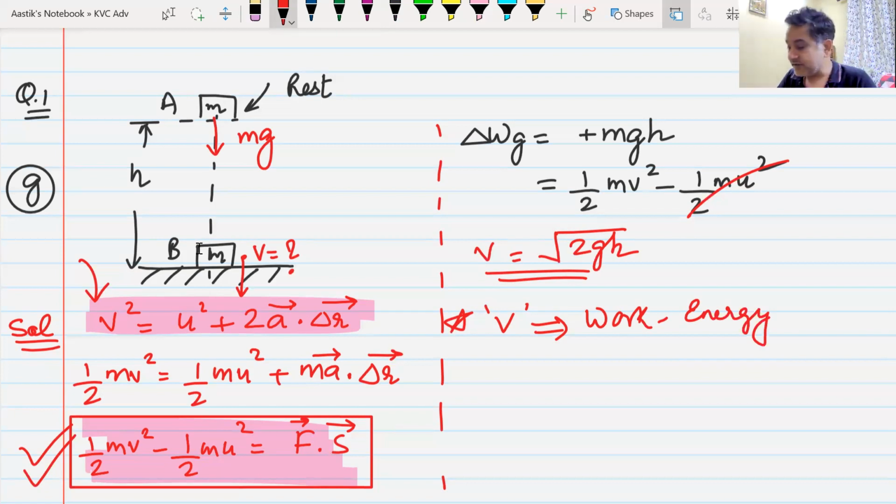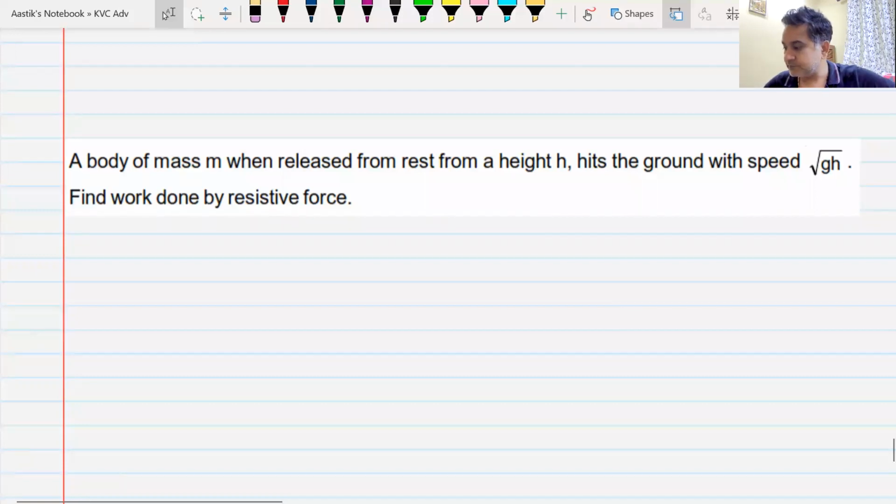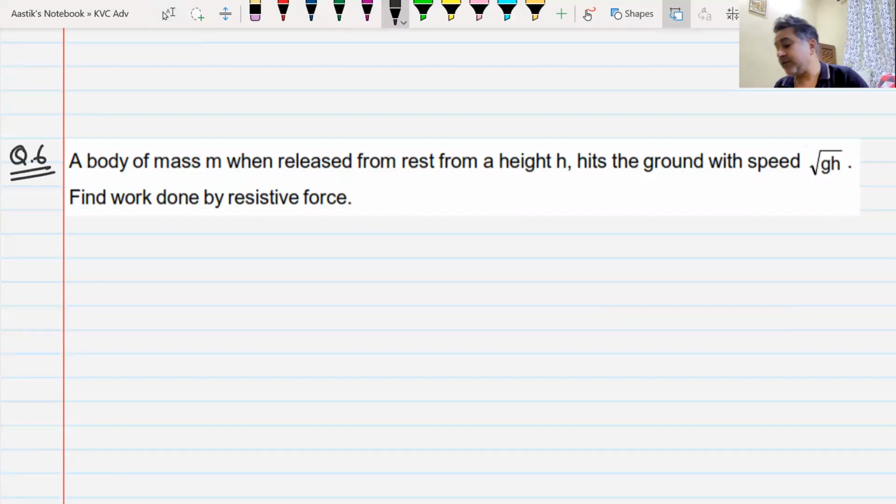Now let us try this question and see if you can do this and tell me the answer for this one. A body of mass m, released from rest from a height h, hits the ground with root over gh.